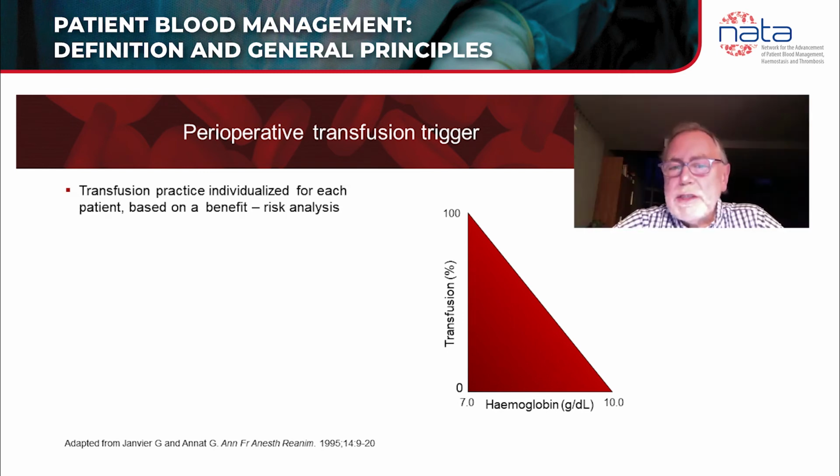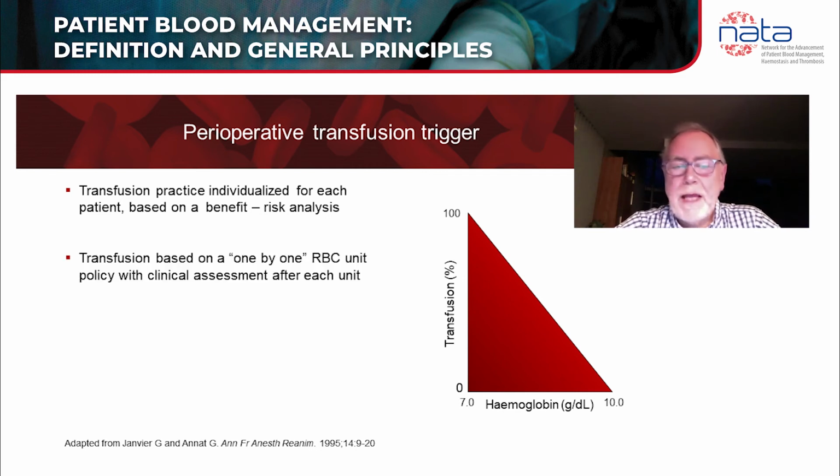Based on what we just have discussed, I think the transfusion practice should be individualized for each patient based on a benefit to risk analysis, what has been called by some authors the transfusion dilemma. And whenever possible, the transfusion must be based on a one-by-one unit policy with a clinical assessment after the transfusion of each unit.